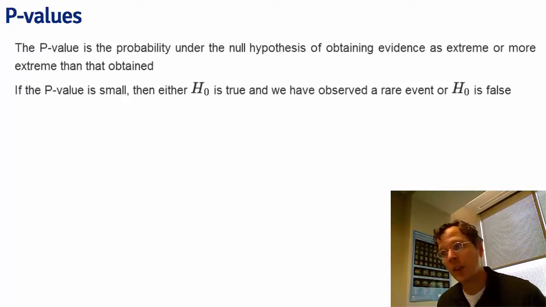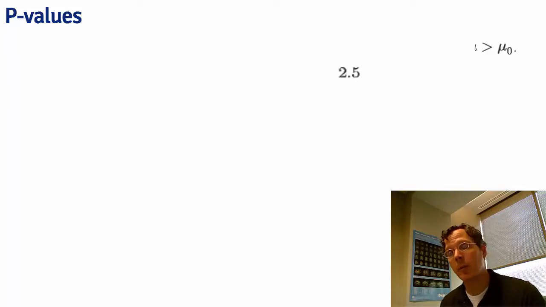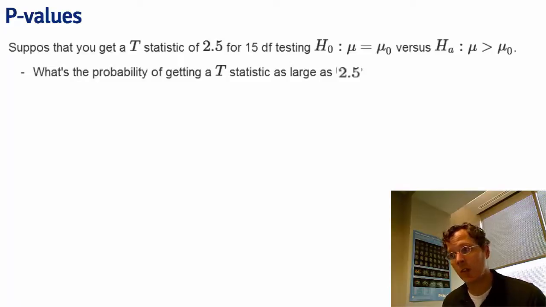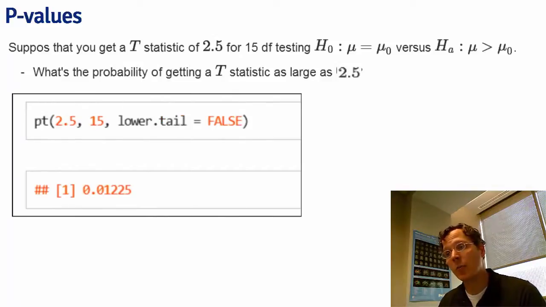Let's go through a quick numerical example. We've covered the T statistic and simple t-tests. Imagine you wanted to test mu equal to mu naught versus mu greater than mu naught, and our T statistic worked out to be 2.5 on 15 degrees of freedom. What is the probability of getting a T statistic as large as 2.5 in this scenario? Here we can calculate it. It's just pt(2.5, 15) for the degrees of freedom.